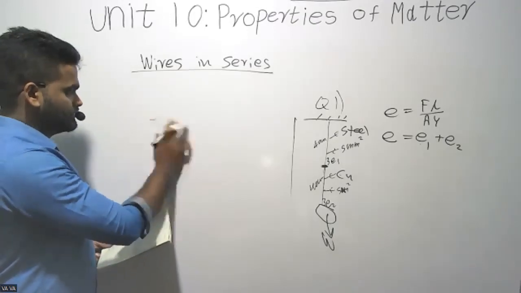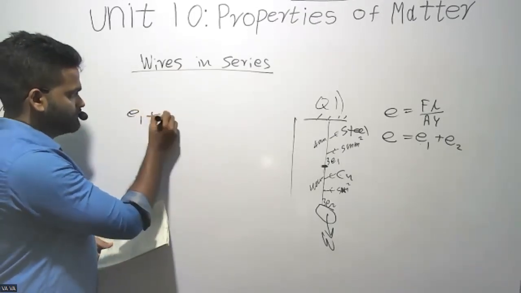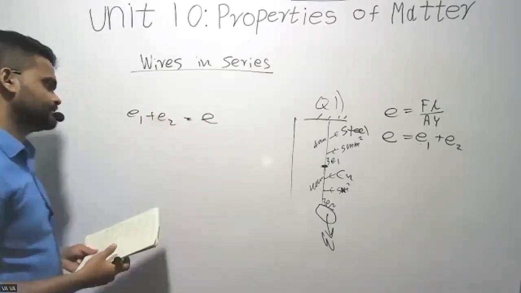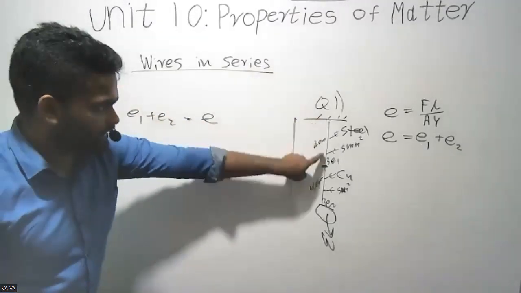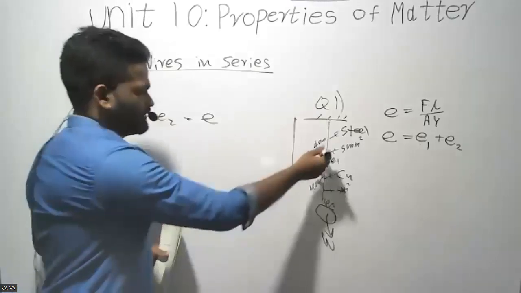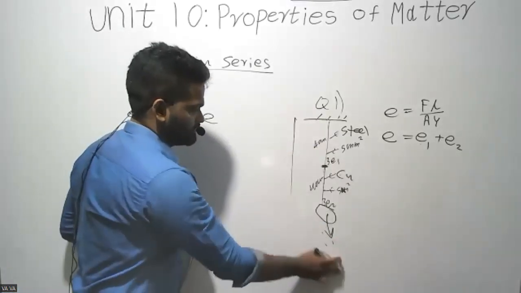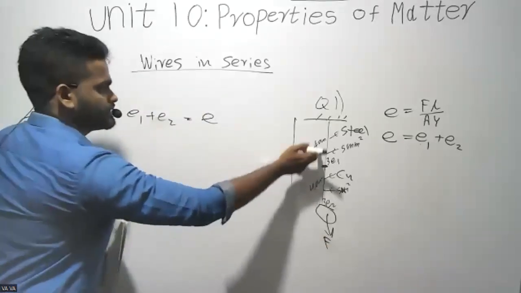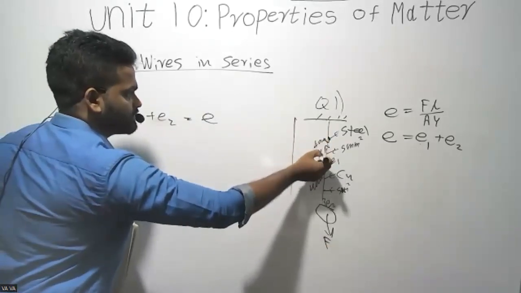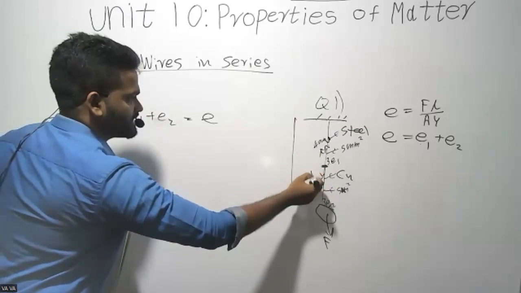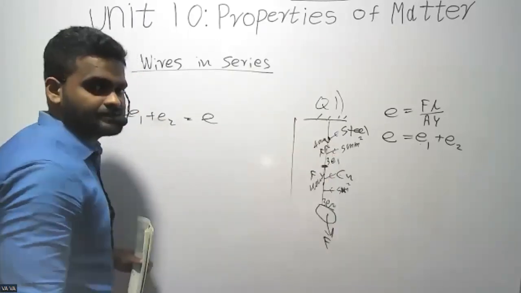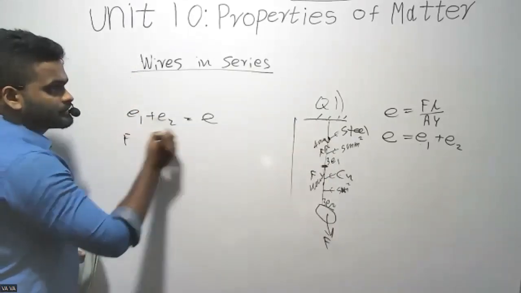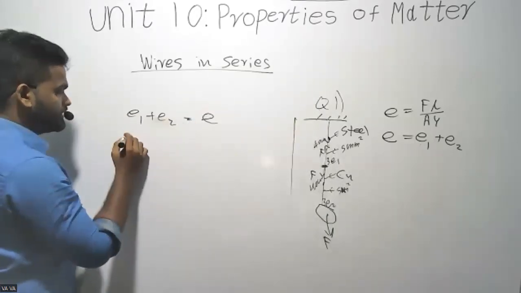We know that E1 plus E2 is E. For this wire, I'll put F. Everywhere the load is the same, F, so this wire also has tension F since they are in series. So the equation is FL divided by AY.